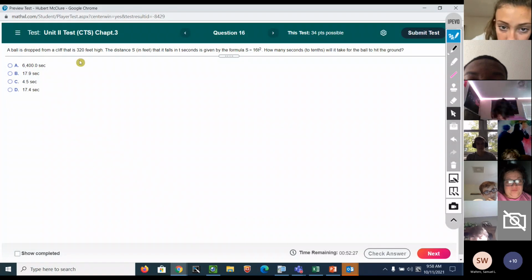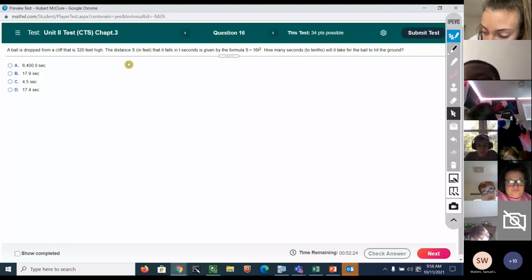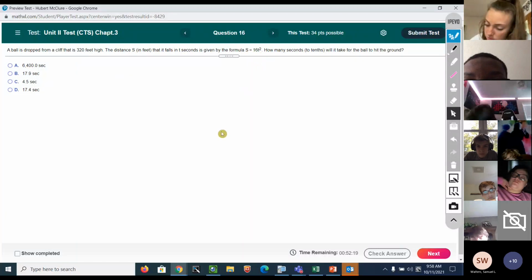A ball is dropped from a cliff that is 320 feet high. The distance in feet is given by this. Okay, this is not difficult at all. I'm going to draw a picture though.